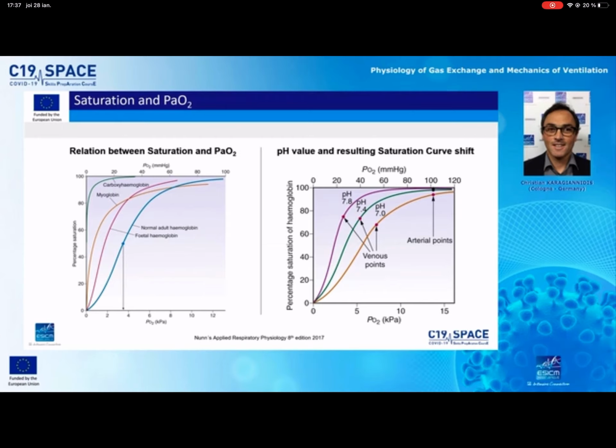On the other hand, in patients with an acidosis, like you typically see in patients with exacerbation of COPD, the curve shifts to the right-hand side, and low saturation levels mean a much higher PaO2 level than in patients with an alkalosis.